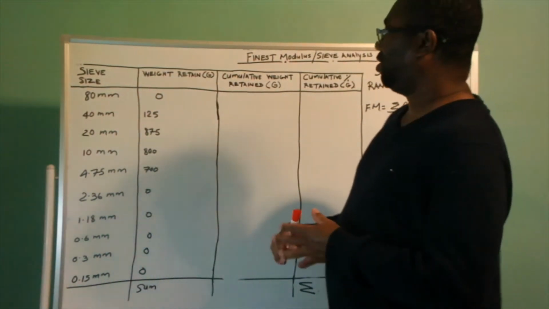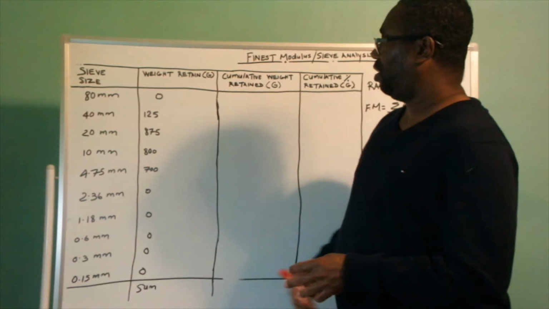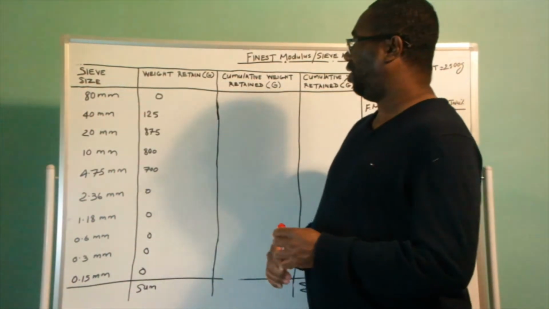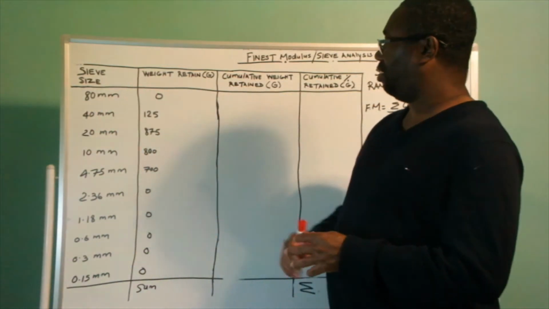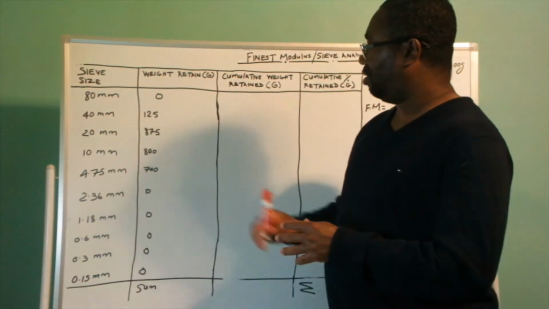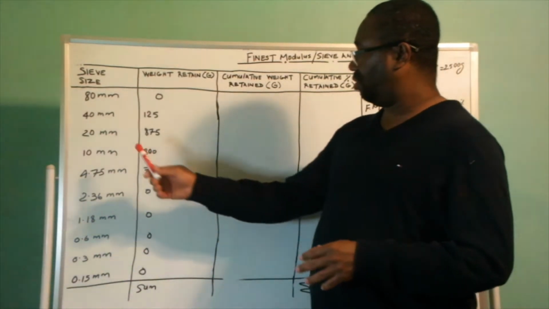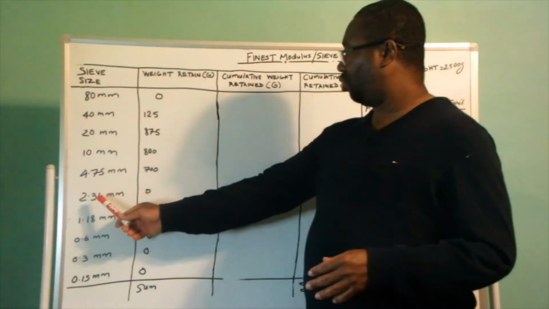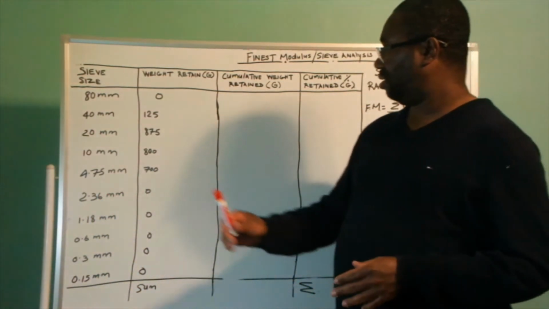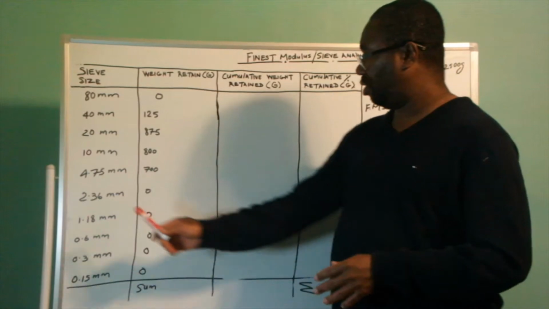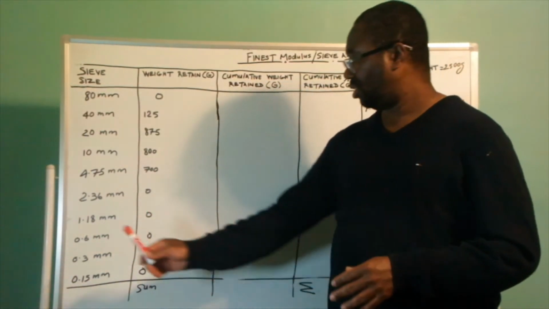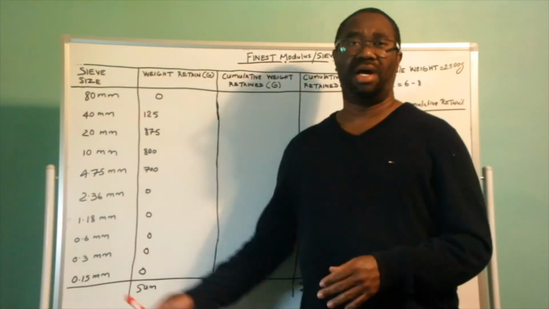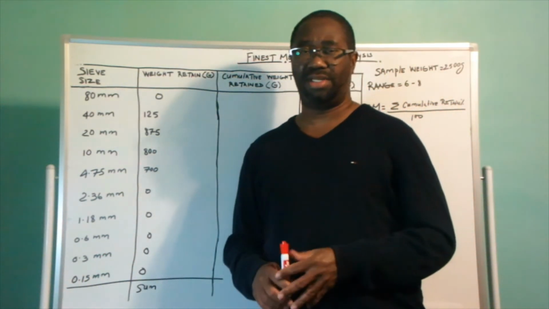Now, as you can see in the first column is our sieve size, and our sieve size ranges from 80 millimeter to 40 millimeter to 20 millimeter to 10 millimeter, 4.75 millimeter, 2.36 millimeter, 1.18 millimeter, 0.6 millimeter, 0.3 millimeter, and 0.15 millimeter.